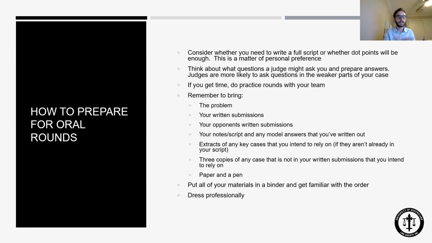So for example, and this will almost never happen, so there's no reason to worry about it, but if you are asked about a point of, say, evidence, then obviously the cases related to evidence won't be in your written submissions. And if you throw in a citation to an evidence case, the judge will be really impressed, but obviously there's no need to seek leave to rely on this case, because the judge has pulled you to those not strictly relevant cases.